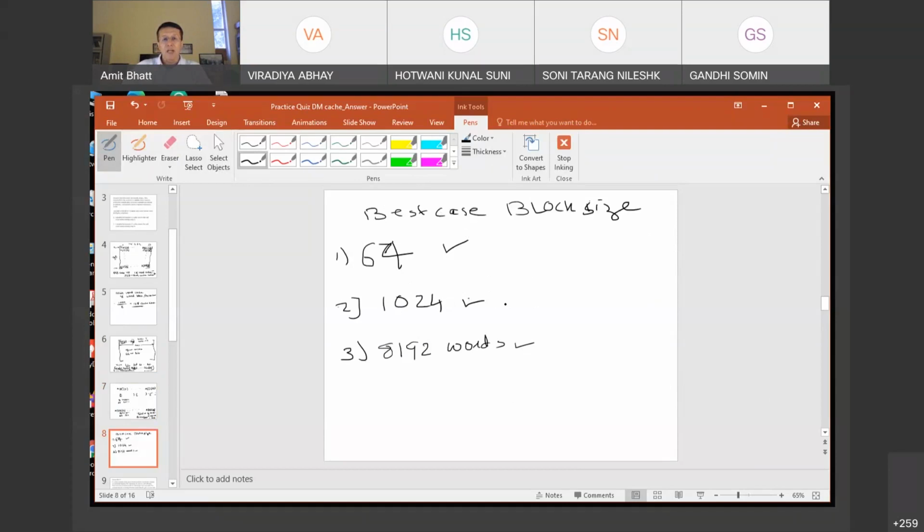So how many rows can be fitted into this 1024? Suppose we have 1024. 16. How many? 16. Okay. So I hope you have done your calculation, I just believe you.